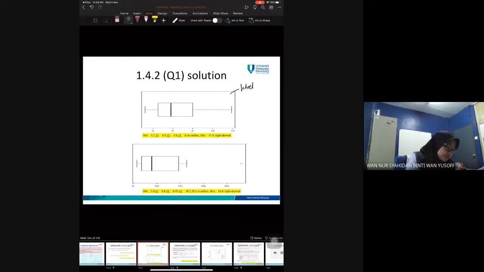You have to indicate here this is the minimum value, this is the Q1, Q2, Q3, and also the maximum value. If we have an outlier, like in question B here, you have to label it as an outlier. Without the labeling, you might lose 1 mark.